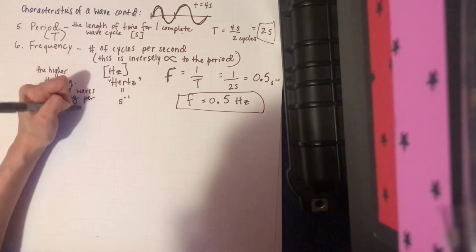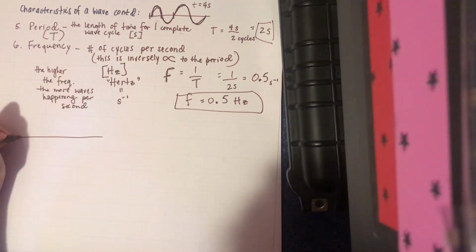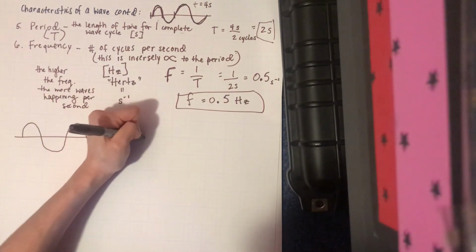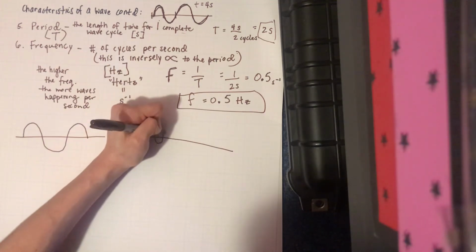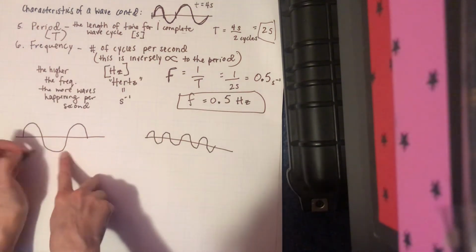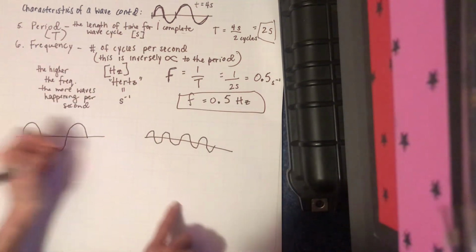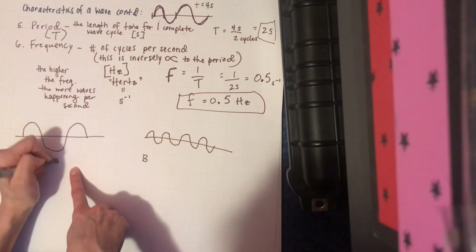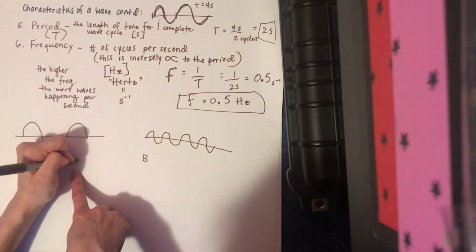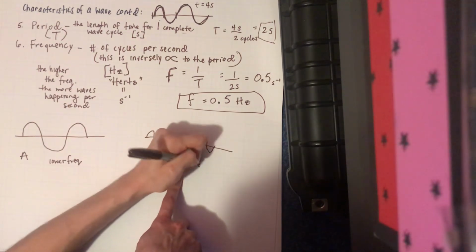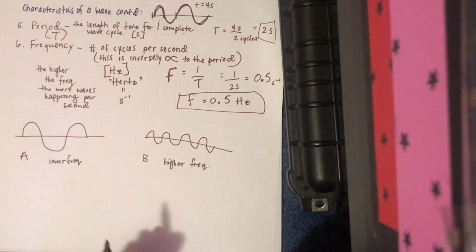So if I were to compare the following, we can see that if these two are happening in the same length of time, this has a lower frequency, and this has a higher frequency, because more wave cycles are happening in the same unit of time.